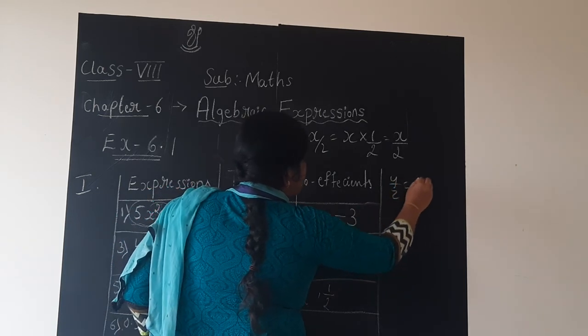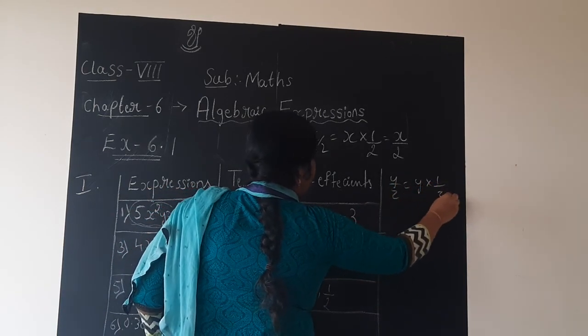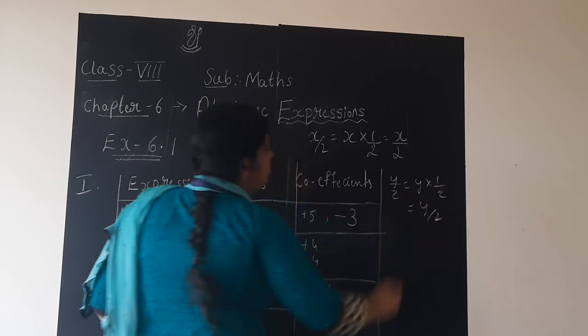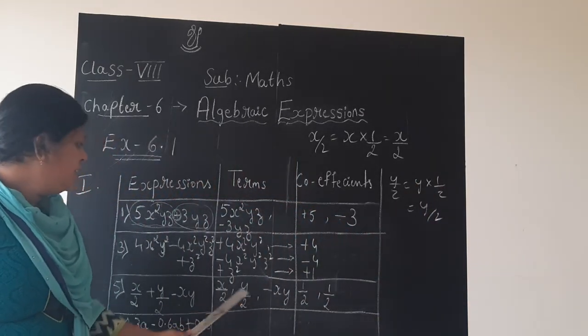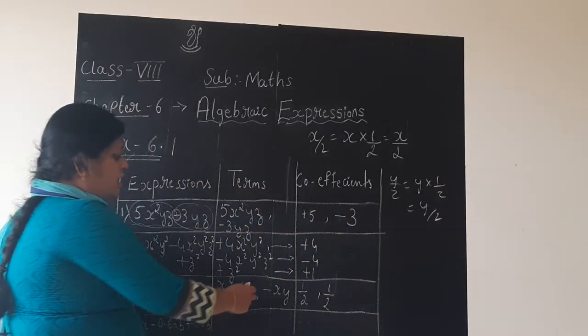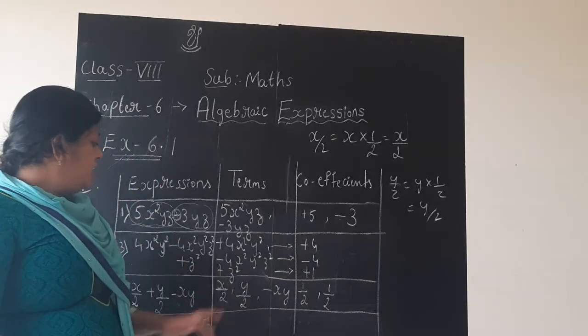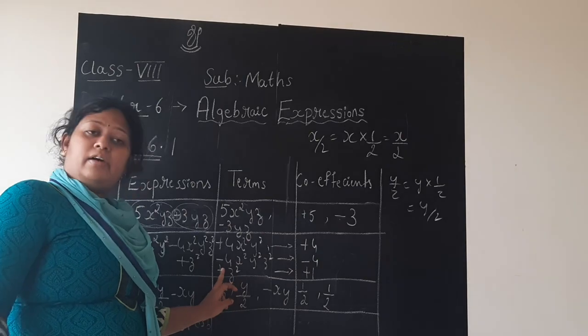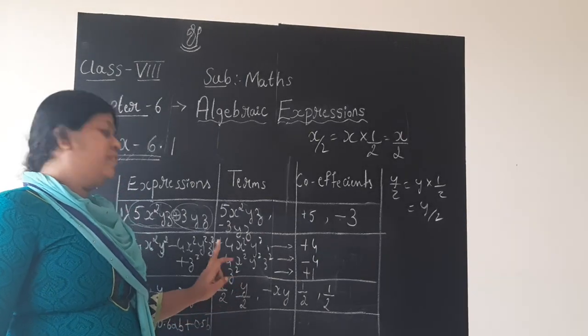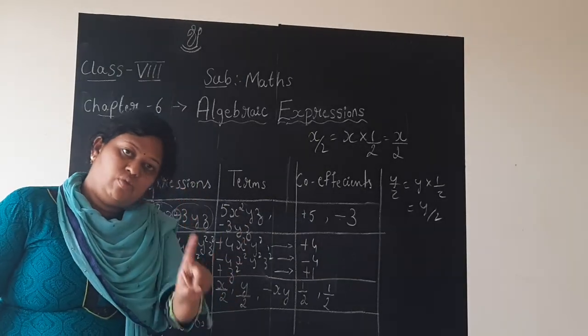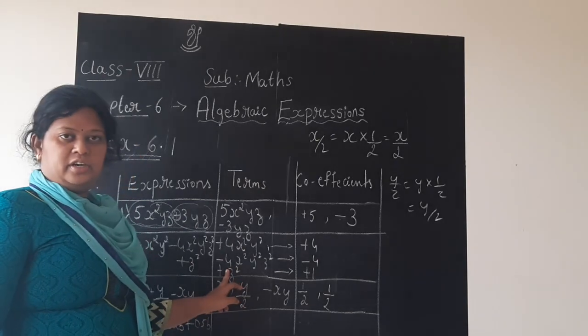Y by 2 is y into 1 by 2, that is y by 2 again. So you can write it as 1 by 2 again. Here we had plus z square, so we wrote 1. One more thing, here z square, z cube, any number to the power 10 also, let it be given. Its coefficient always remains 1 if no number is mentioned.